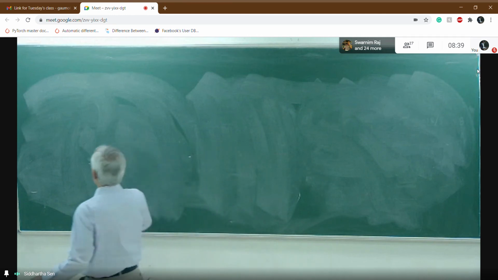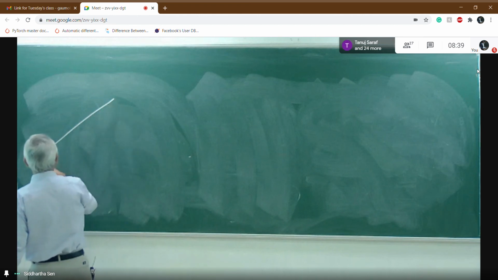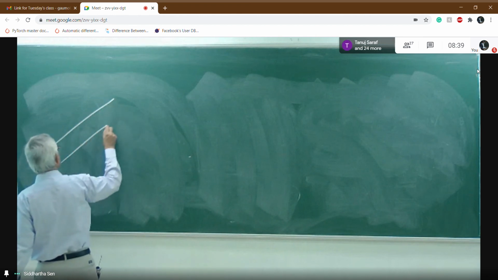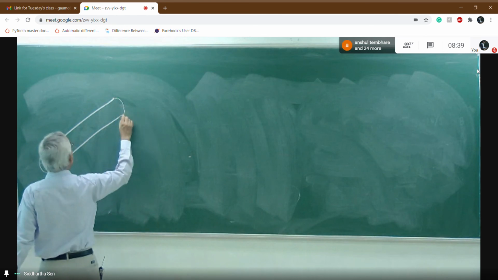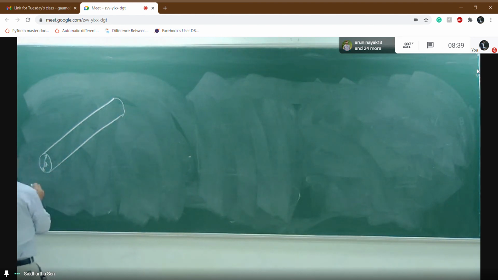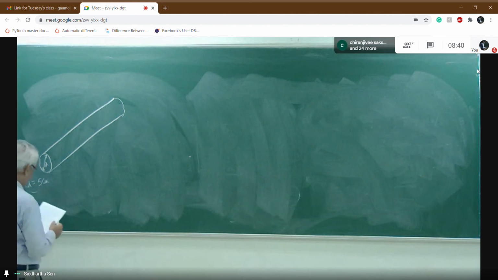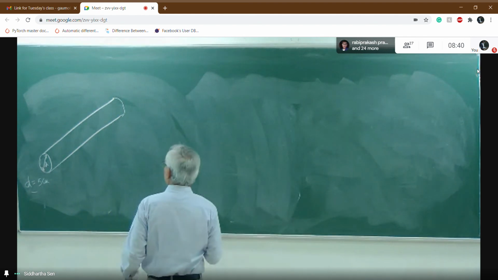So what is an electromagnetic flow meter? Like this, and its D is 5 centimeter. The velocity profile is assumed to be uniform.